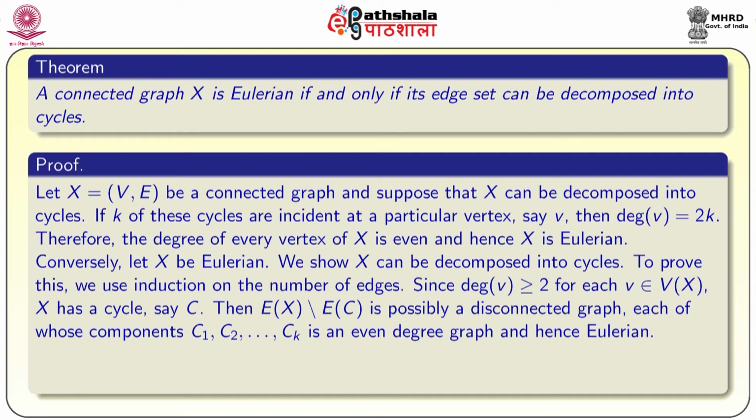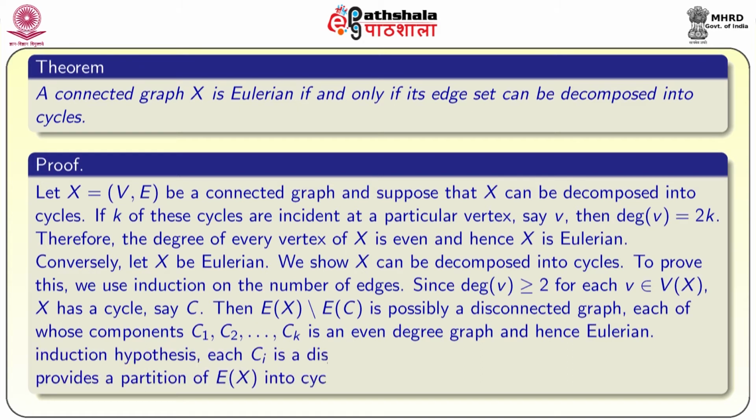That means the degree of every vertex in C1 is even, the degree of every vertex in C2 is even, and so on, and hence all these C1, C2, Ck are Eulerian graphs. By the induction hypothesis, each Ci is a disjoint union of cycles. So, together with C, we provided a partition of E of X into cycles.